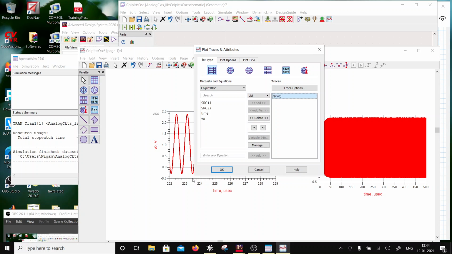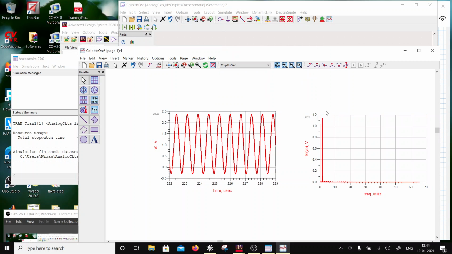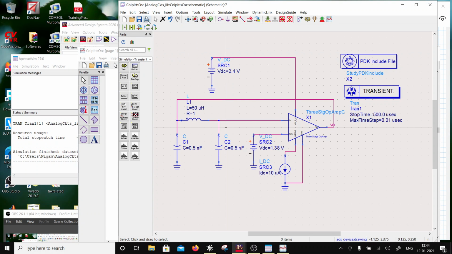Okay, and there you go, that's your frequency of oscillation. I'll put a marker on this. So it's oscillating at 1.4 megahertz. Okay, so this is a Colpitts oscillator using a OpAmp.